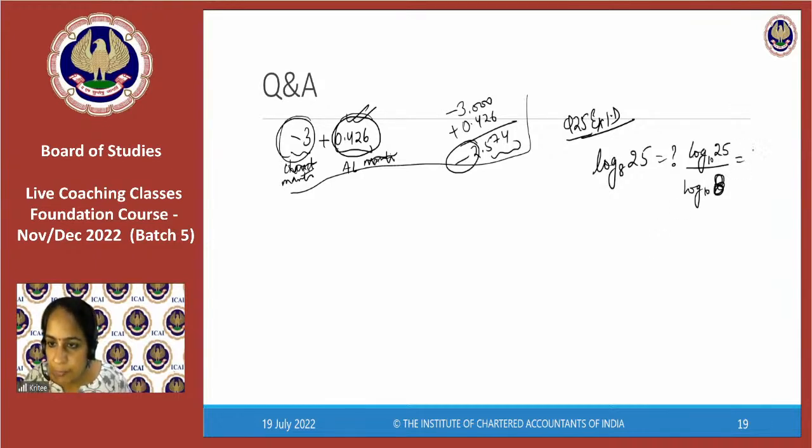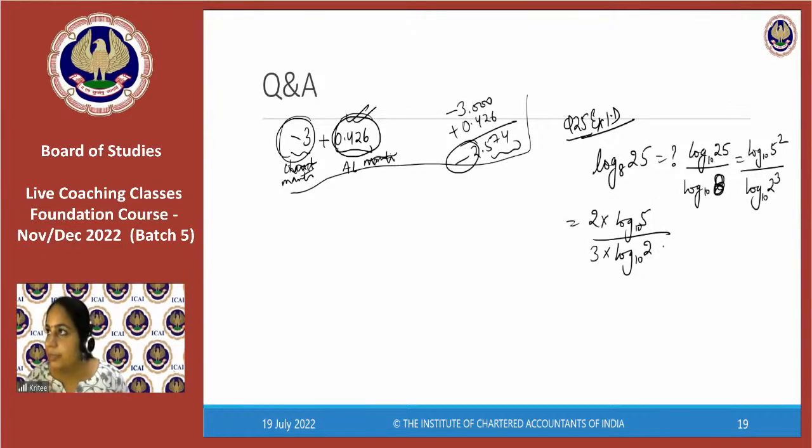So this can be written as log 5 squared upon log 2 cubed, base 10. This can be written as 2 into log 5 base 10 upon 3 into log 2 base 10. And the value for log 5 is 0.6990. You are expected to know.